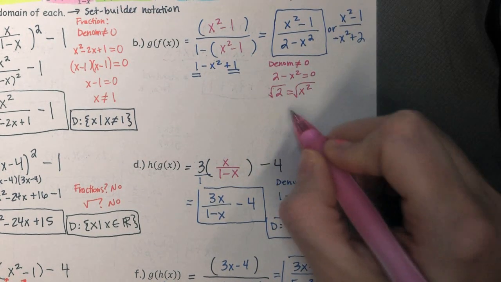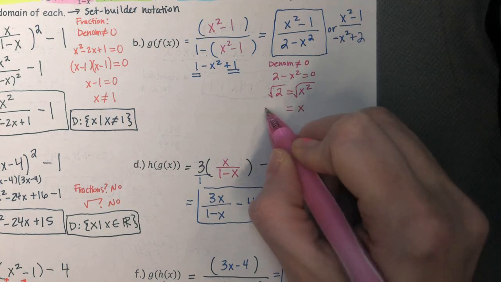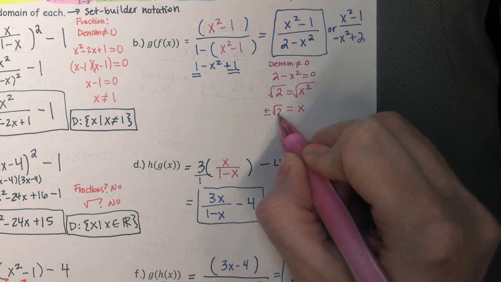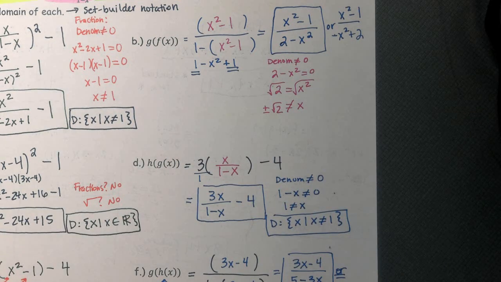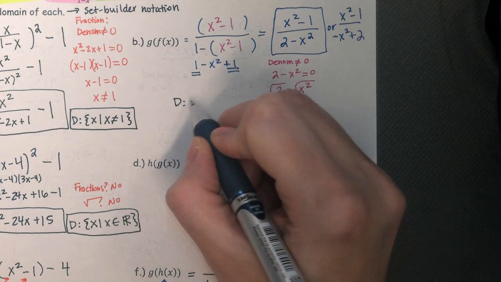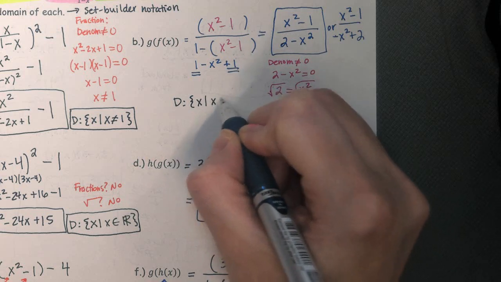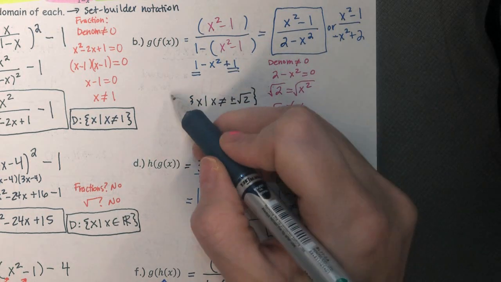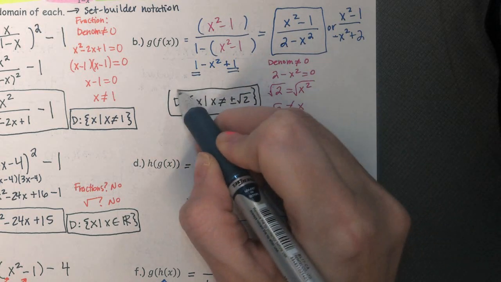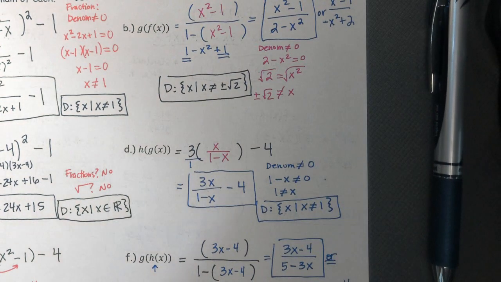Yep, and when you take the square root, what do we need in front? Great. So then when you're writing this as part of your domain is just going to be x such that x cannot be plus or minus root 2. Okay?